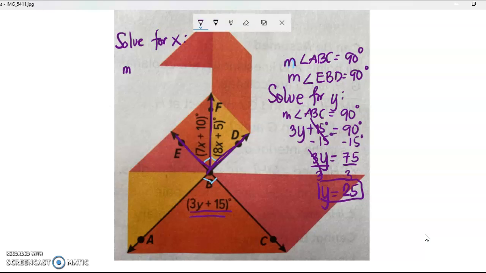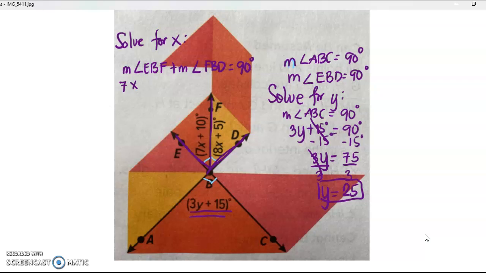So the measurement of angle EBF plus the measurement of angle FBD is equal to 90 degrees. So let's substitute.